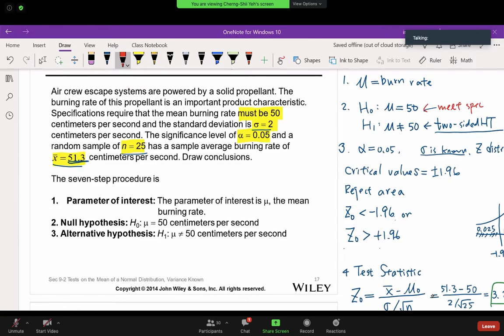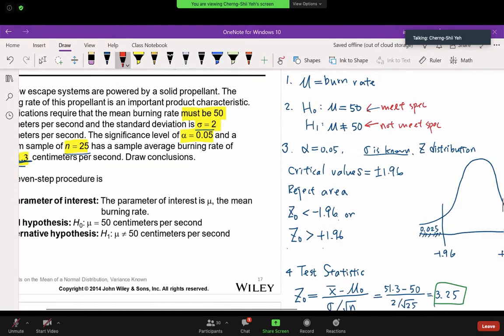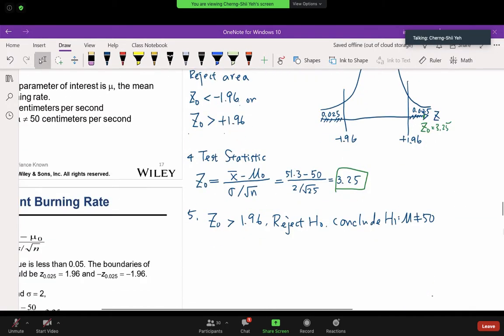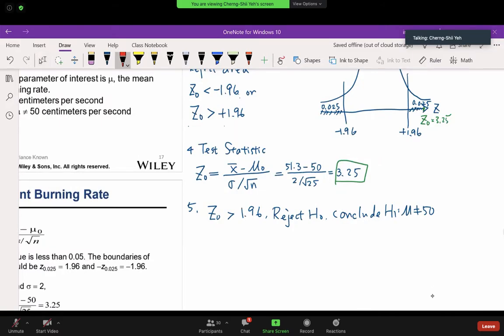If it does not, our alternative hypothesis tells you it does not meet the specification. And that's what we're concluding. So I want to put this one more time over here: the burning rate does not meet the specification.